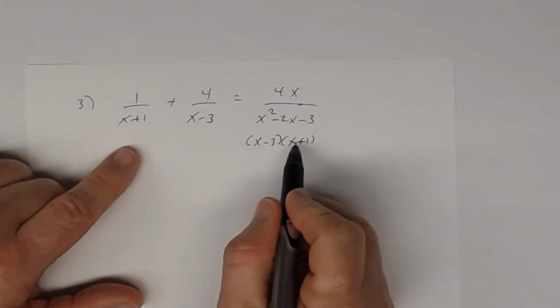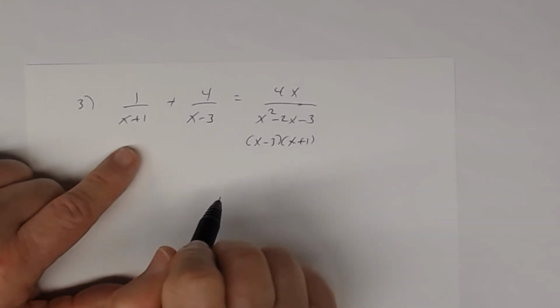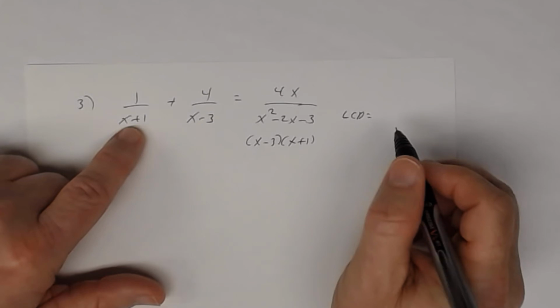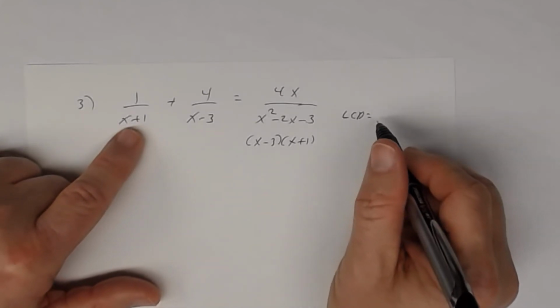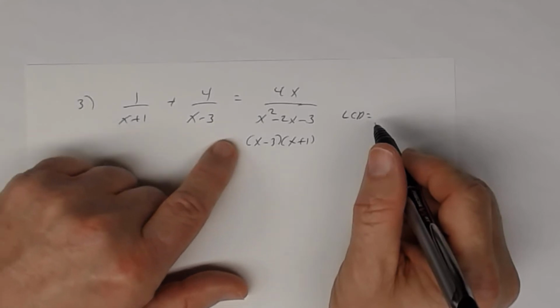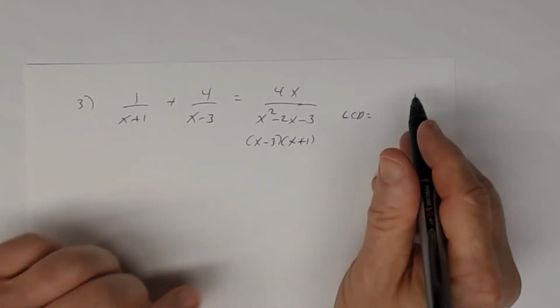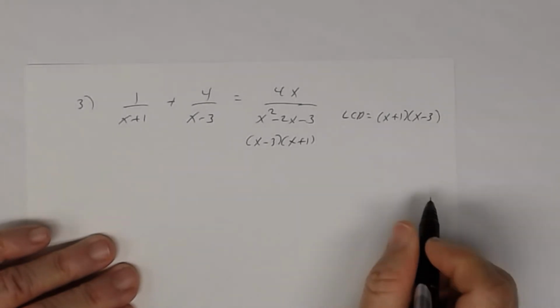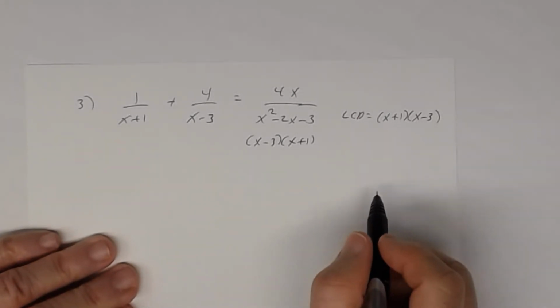But check it, always multiply it out to make sure you get this back, and you do. So the least common denominator will be the factors that you see here. I see an x plus 1, I see an x minus 3. So it'll be x plus 1 times x minus 3. So it's a product, right? So don't put a comma there.